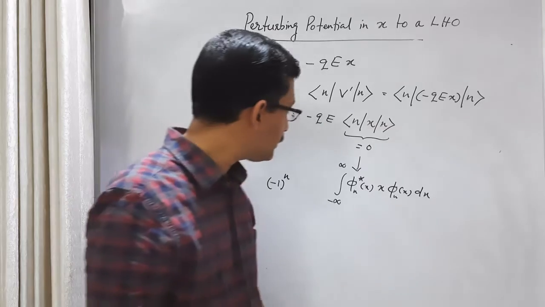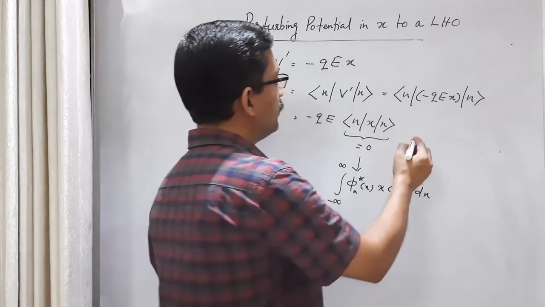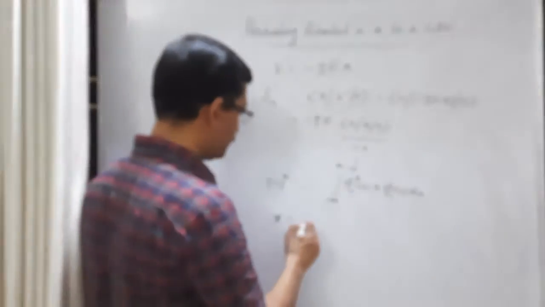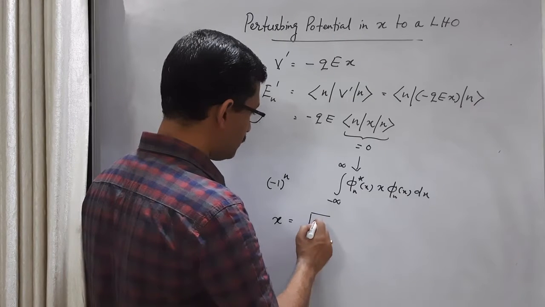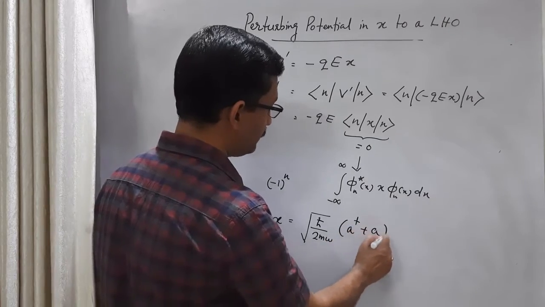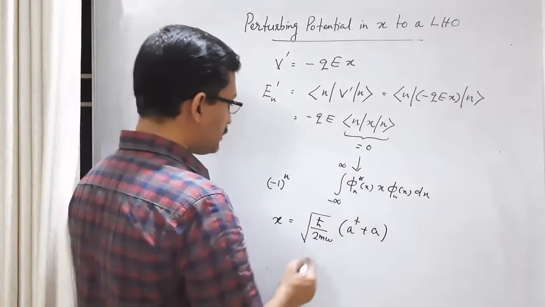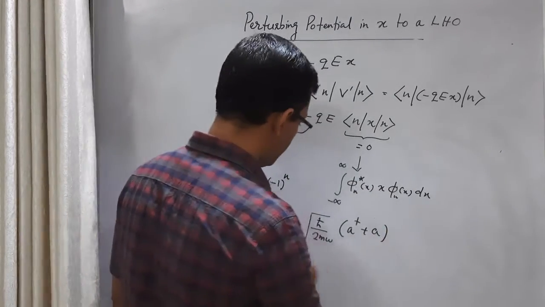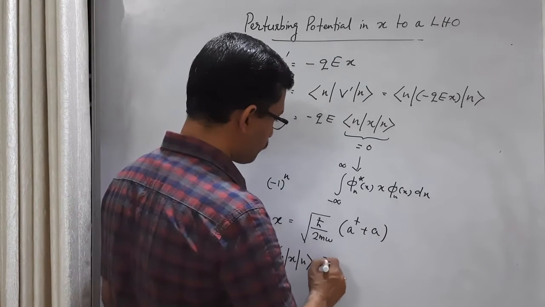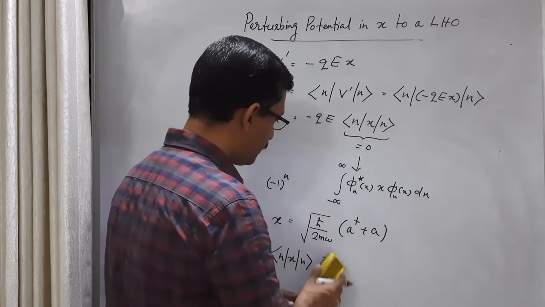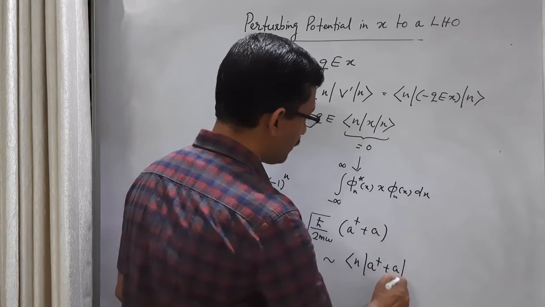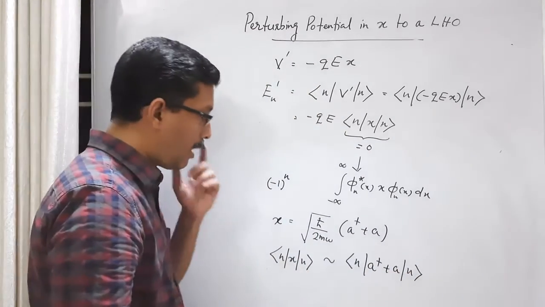Another way of arguing is that you can write x in terms of creation and annihilation operators. The expression is √(ħ/2mω) (a† + a). So ⟨n|x|n⟩, apart from this constant, will be ⟨n|(a† + a)|n⟩.